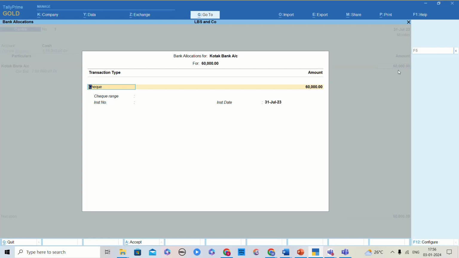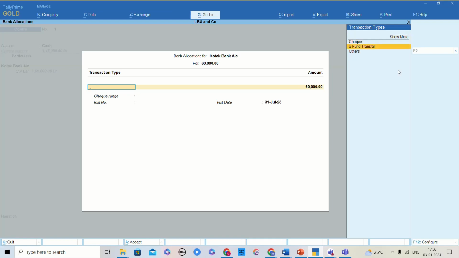What is the type of transaction? As I told you in the receipt voucher, if you make a receipt via cheque or e-fund transfer, or make a payment via cheque or e-fund transfer, you can take these. But in contra, we're not making payment to outside people or receiving from outside people. Here we're doing a contra entry only because the transaction is happening between two accounts of our company only.